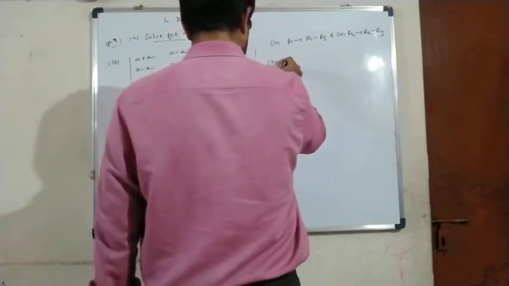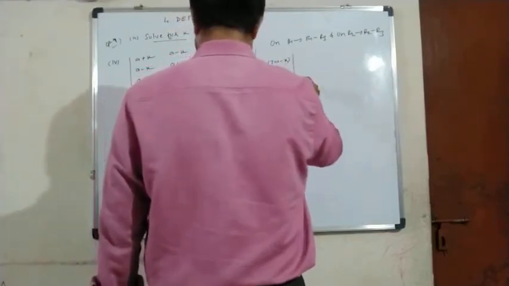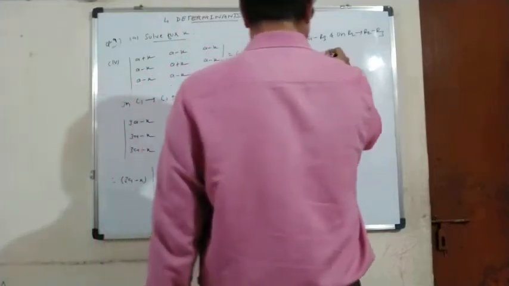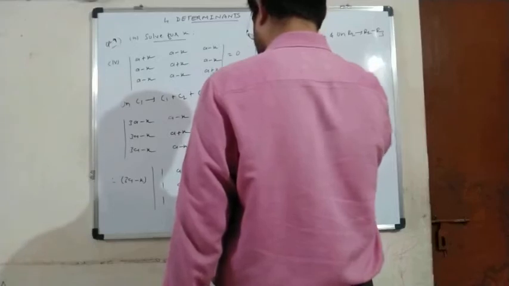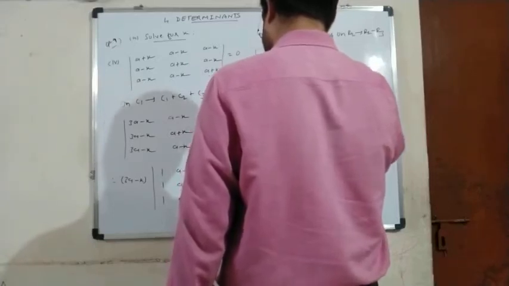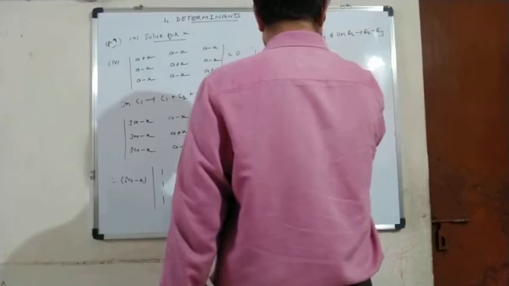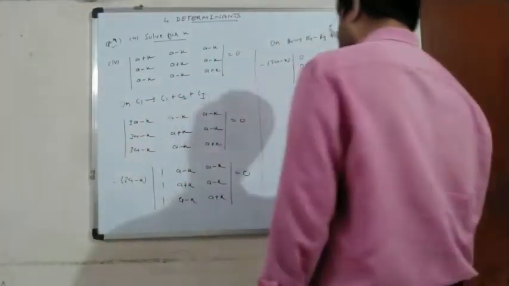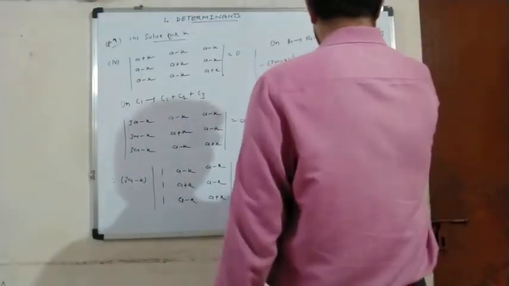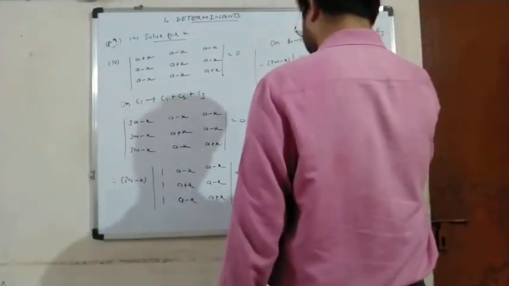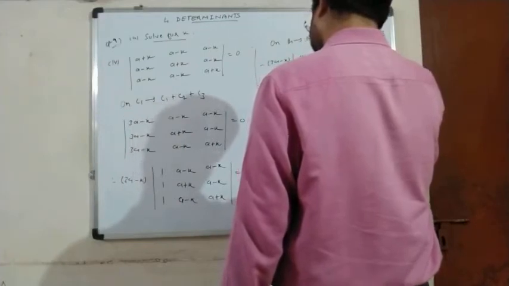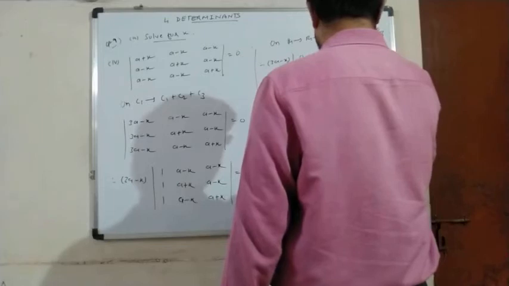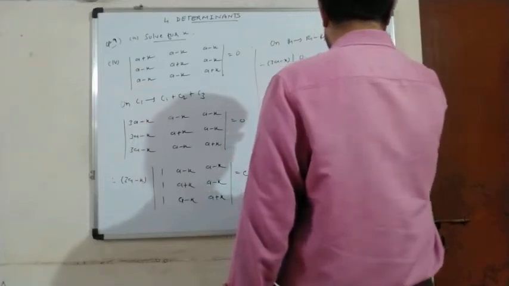Therefore we get 3a minus x, 0 0 1, then 0, 2x and a minus x, minus 2x, minus 2x and a plus x equal to 0.